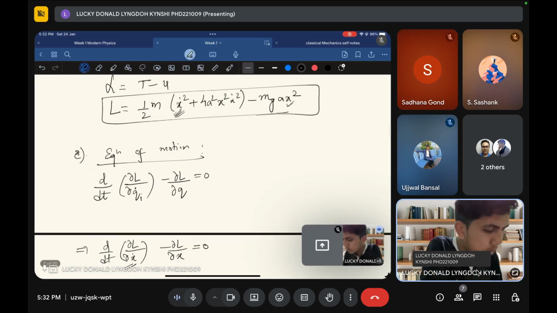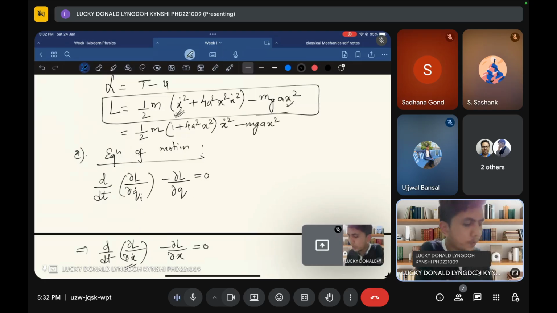Let me just make this equation a little easier for you. Half m, and I can take common x dot square because there is x dot square in both terms. I can take common 1 plus 4a square x square, times x dot square, minus mg a x square.